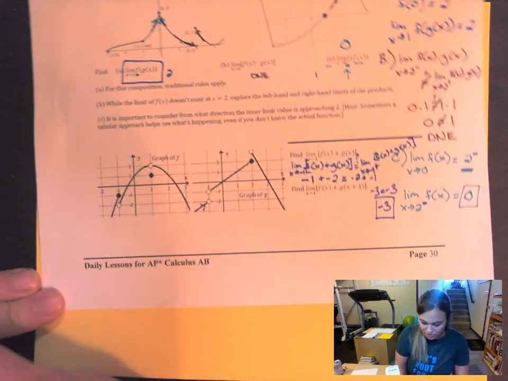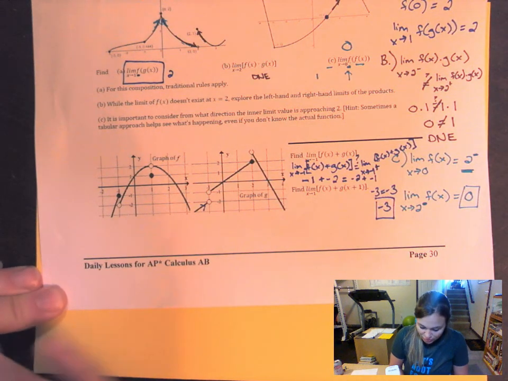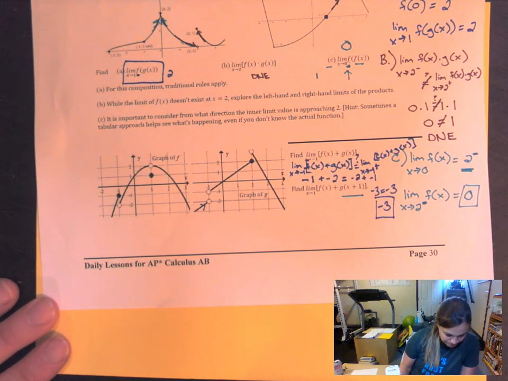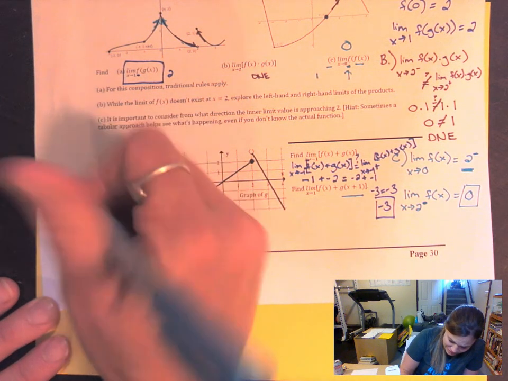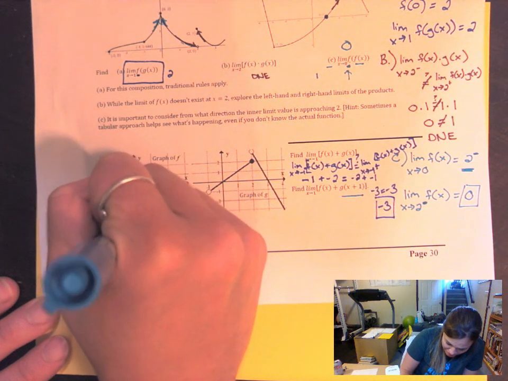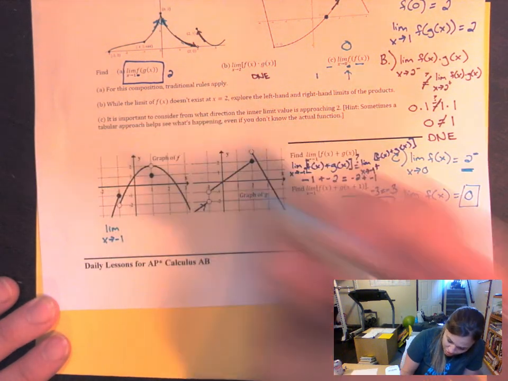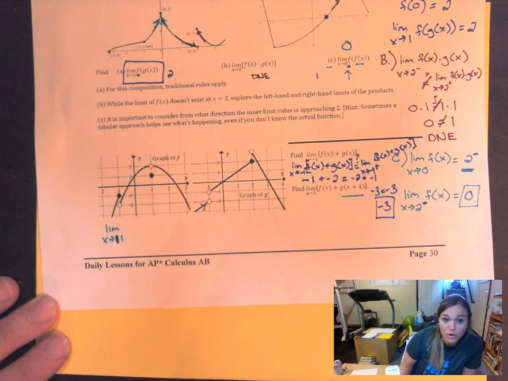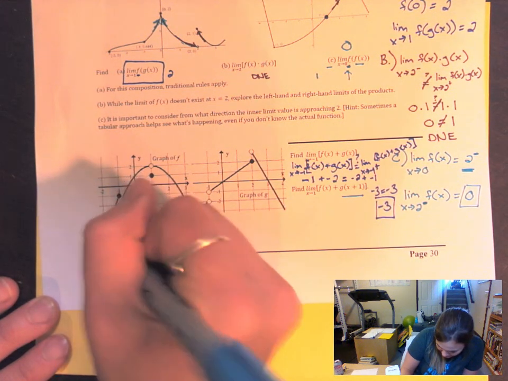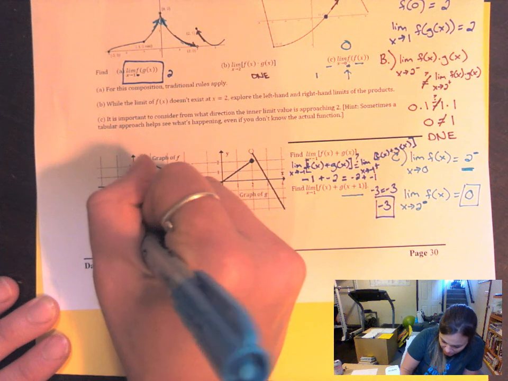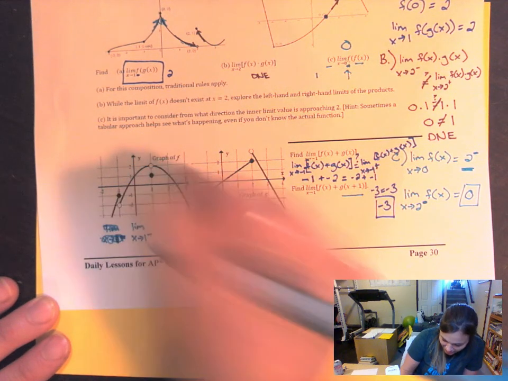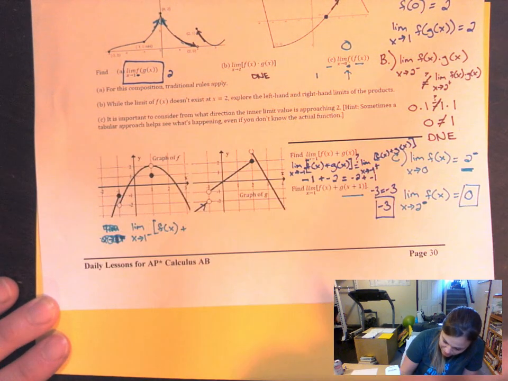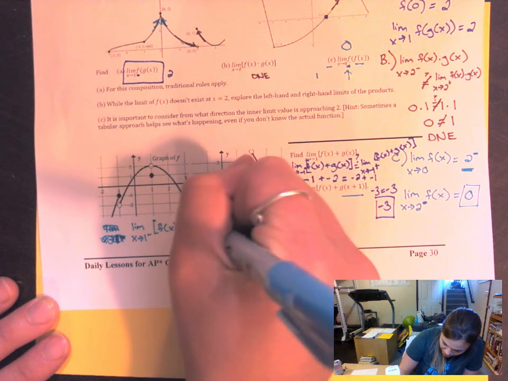Okay, let's do another. This one's fine. The limit as x approaches 1 of f of x plus g of x plus 1. Okay, that's gross. So what I want to do is say, what is the limit as x approaches 1 from the left of f of x plus g of x plus 1?